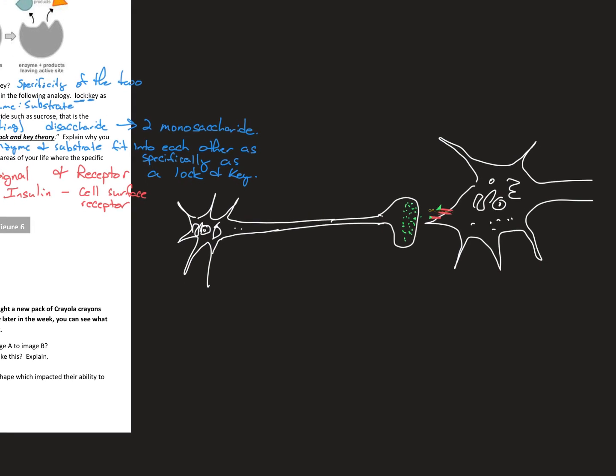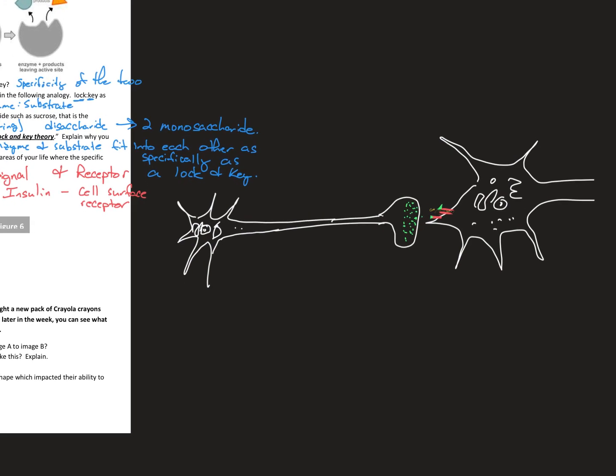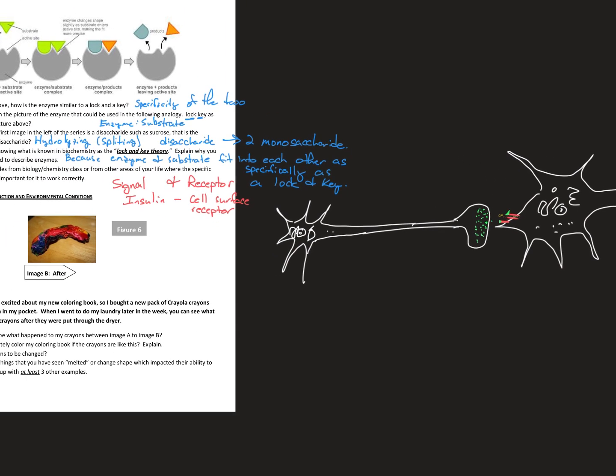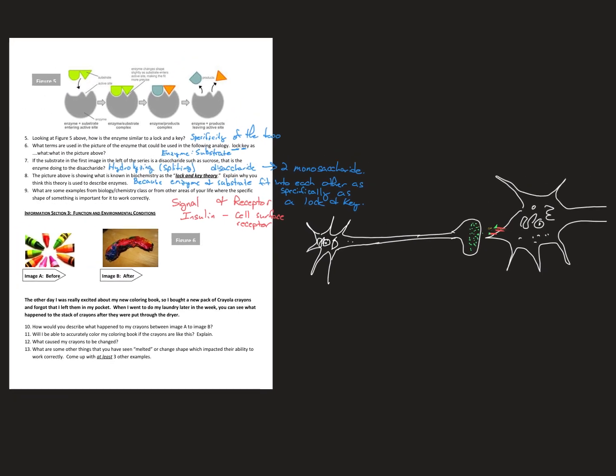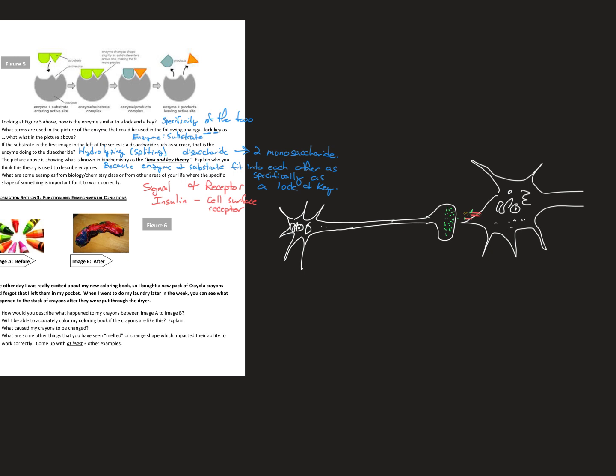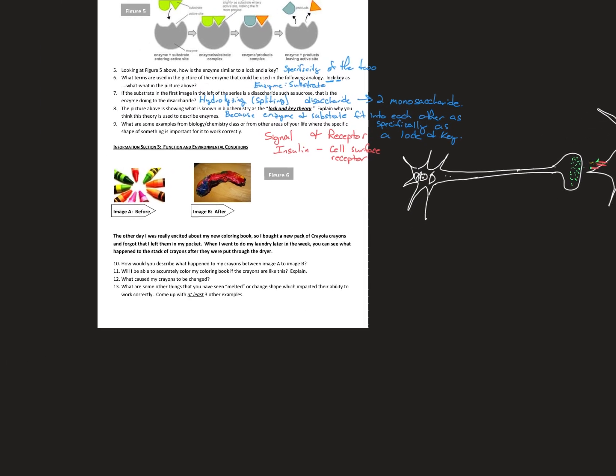And that is very specific and very similar to what's going on with enzymes and substrates. In this case, they're called ligands, but with the enzymes, they're called substrates, right? This is called a ligand. This is a neurotransmitter, where this is a disaccharide. But they still have that lock and key concept where the two shapes have to match perfectly in order for the function to work.